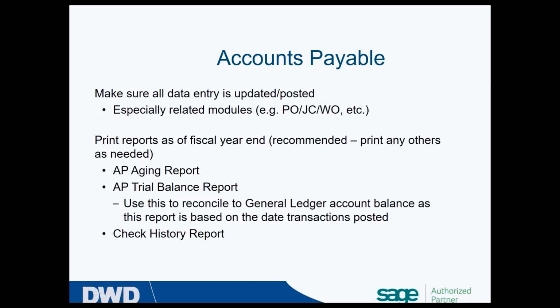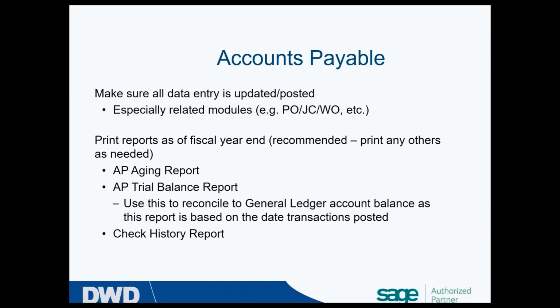So in the accounts payable module, the first thing that we want to do is make sure that all of our data entry is updated. And this pertains especially to related modules. If you're using purchase order or job cost or work order, any combination of those have the ability to feed to our accounts payable module. We want to make sure that everything that has potential to affect accounts payable has been posted. You want to then print reports as of your fiscal year end.